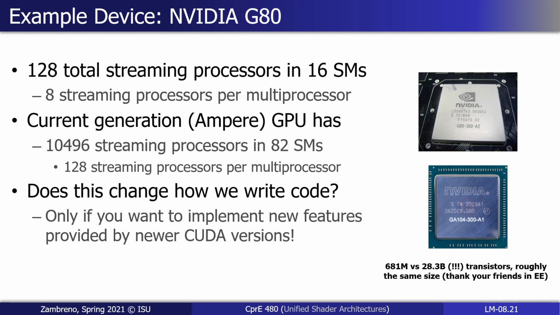So there were 8 streaming processors per streaming multiprocessor. Life was a lot simpler back then. Current generation, at least based on what's been released in this past calendar year, that's 10,496 CUDA cores in 82 SMs. The math is that divides to 128 streaming processors per multiprocessor.